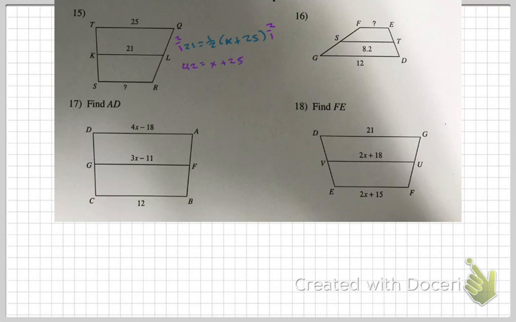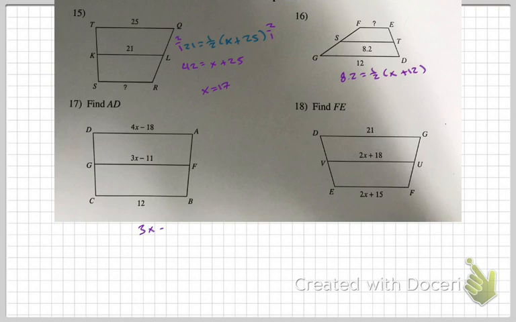Subtract the 25 from both sides, x equals 17. All right. Next one, 8.2 equals 1/2 x plus 12, just to get the setup correctly. Okay, and again, I would recommend multiplying both sides by 2 over 1.